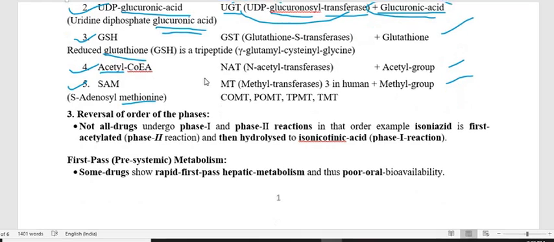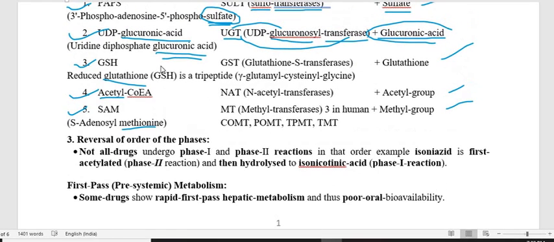Now the third is the attachment of glutathione. Which endogenous substance or substrate gives this glutathione? Reduced glutathione itself gives the glutathione, and this reaction with the drug occurs with the help of the enzyme we call GST: G stands for glutathione, S stands for S, and T stands for transferase.